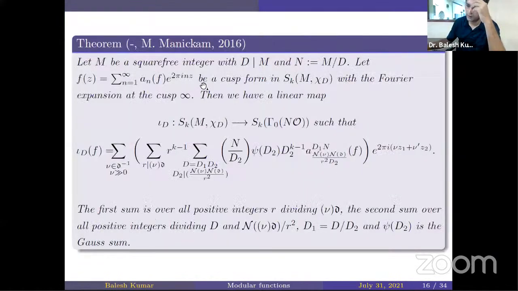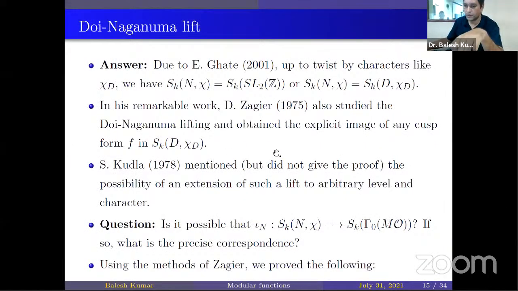So the result with Manikam in 2016, what we have proved is that if you take a square free integer m, and if you look at the real quadratic field with discriminant capital D, and if this D divides the square free integer m, then one can in fact find a linear map. Moreover, Zagier also proved that the lifting that he constructed is Hecke equivariant.